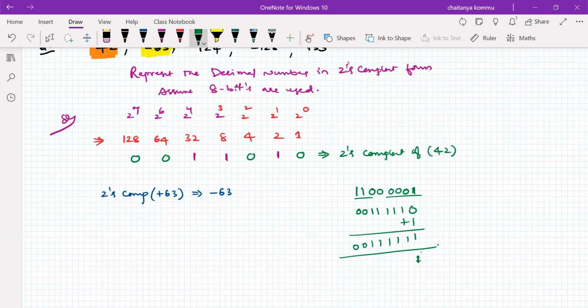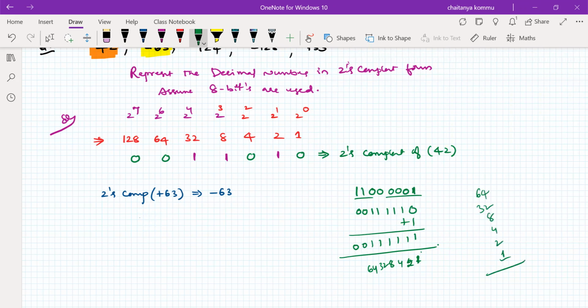2 power 0, 2 power 1, 4, 8, 32, 64, 128. What is its value then? Is it right what we have done so far? So if we add these: 64 plus 32 plus 8 plus 4 plus 2 plus 1.